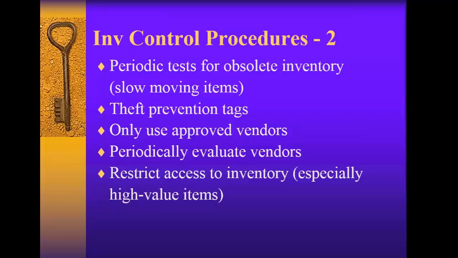The reason they're under lock and key is that this is a highly valued item to other employees, and if you don't lock them up, they're going to get stolen. So the idea is you restrict access to inventory, especially these high value items that people desire.